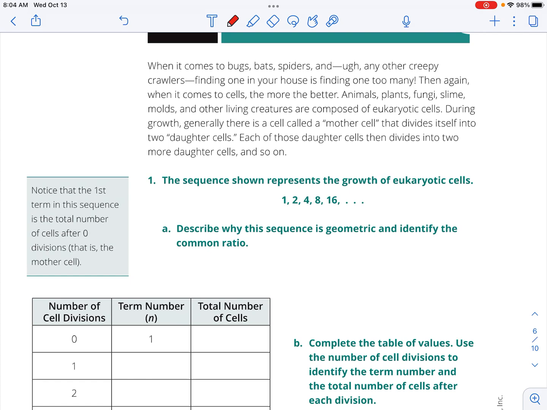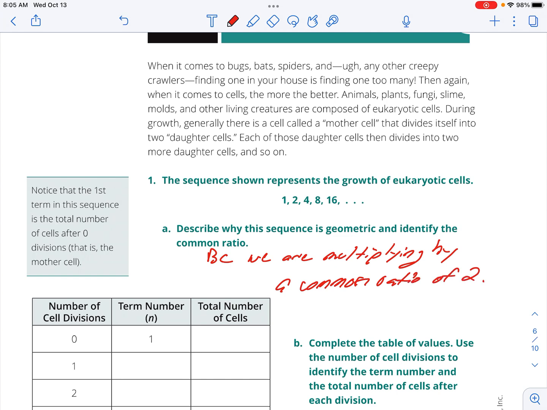Now, we start off with a mother cell of 1, get two daughters from a cell division, and then when another cell division happens, we get 4. What's happening there is that we have a geometric sequence. The reason it's geometric is because we are multiplying by a common ratio of 2.